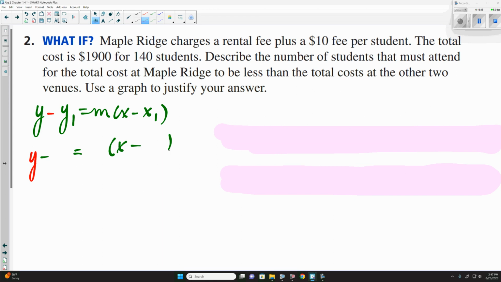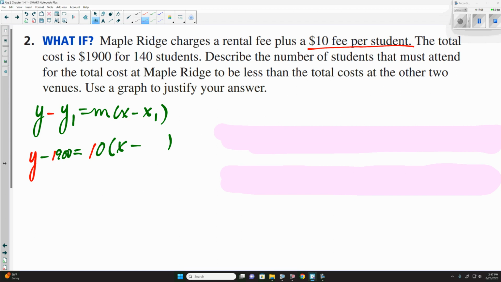Now, they did give us the slope. The slope is what? $10 per student. Did they give us a point? $1,900 would be X or Y. Because it is the cost.